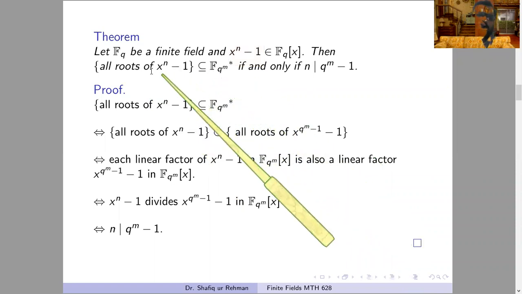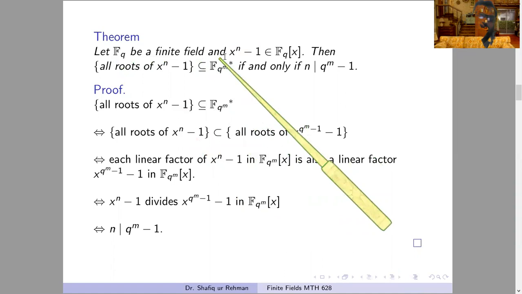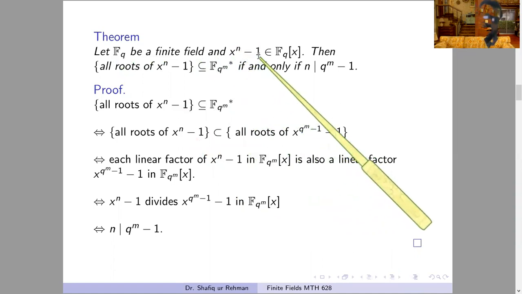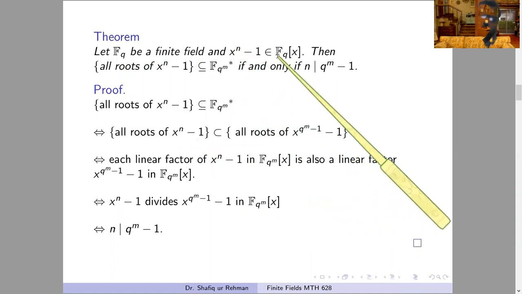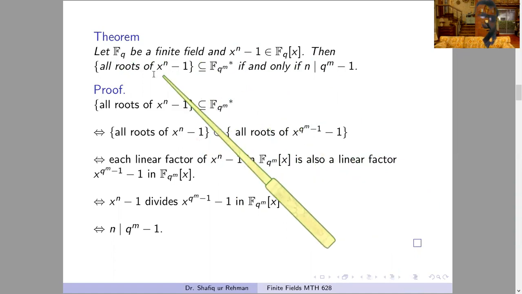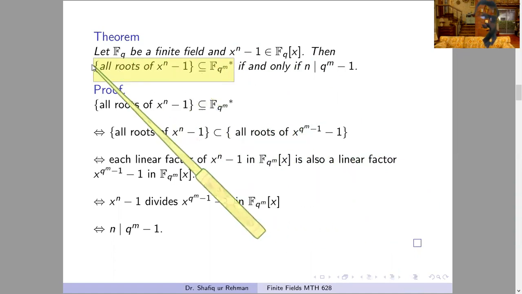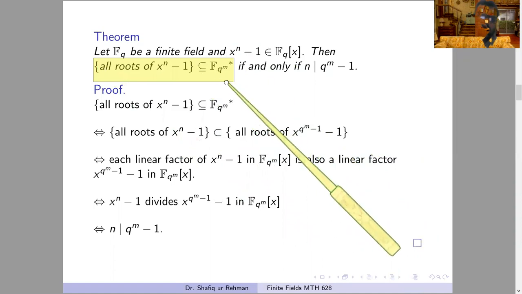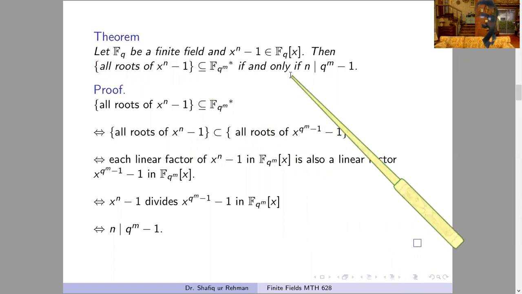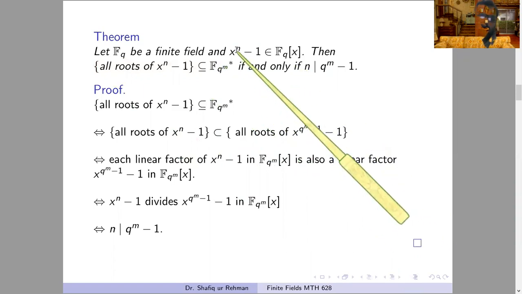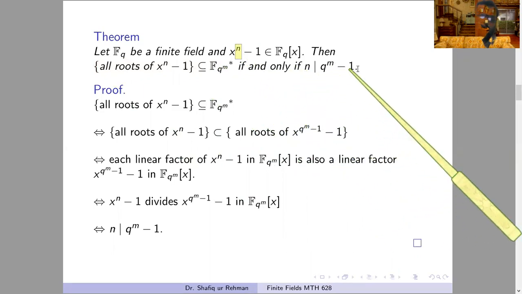So this theorem states that let F_q be a finite field and x power n minus 1 be any polynomial over the field F_q. Then all the roots of this polynomial will belong to this set, that is the group of non-zero elements of F_q power m, if and only if this number n divides q power m minus 1.